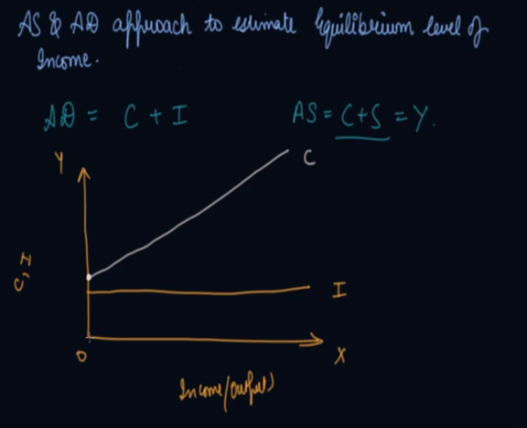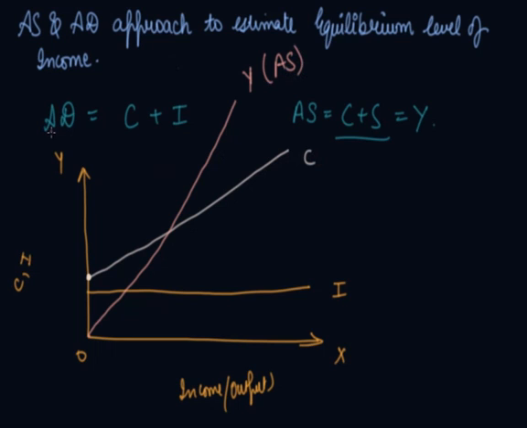Your aggregate supply is perfectly elastic, that is, it goes on increasing when your aggregate demand increases. So this is your income. We have seen that your income is equal to AS. This is your AS, this is your consumption.